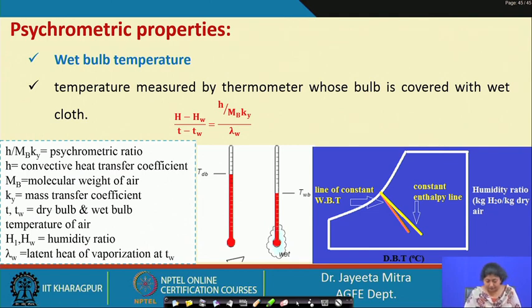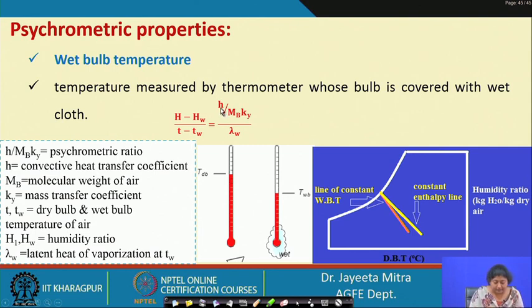Okay. So, if we consider that the heat required to evaporate this is coming from the air, it will give the temperature of that air slightly lower.